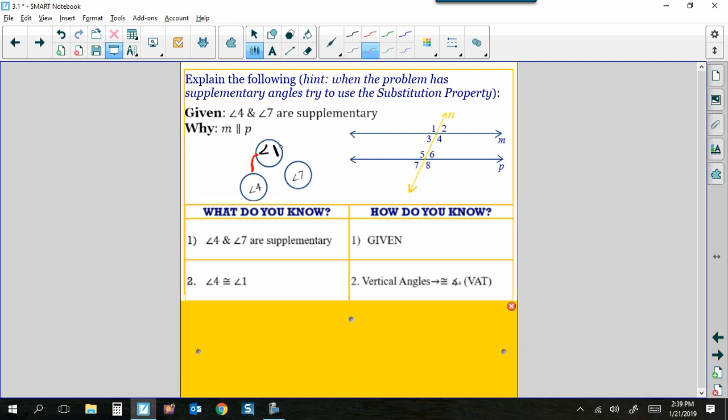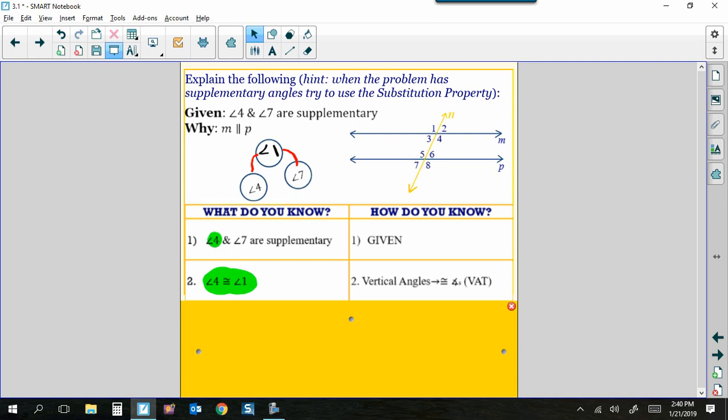Now we need to make the connection between 1 and 7. Well, what do we know about angle 1 and 7? We don't know anything. However, I know angle 1 and 4 are the same, and I know angle 4 and 7 are supplementary. So if 1 and 4 are identical, couldn't I use 1 anywhere there is a 4?